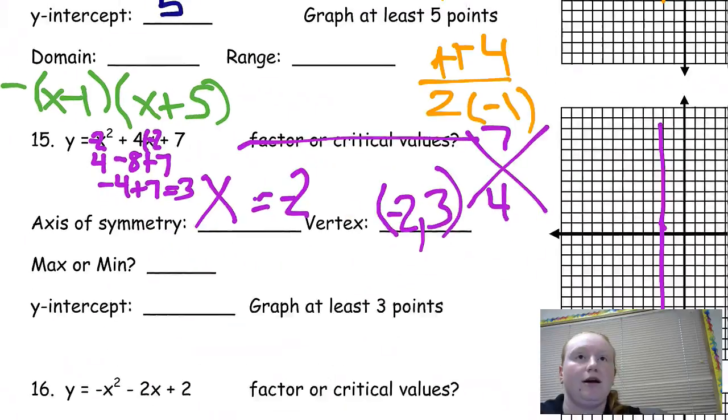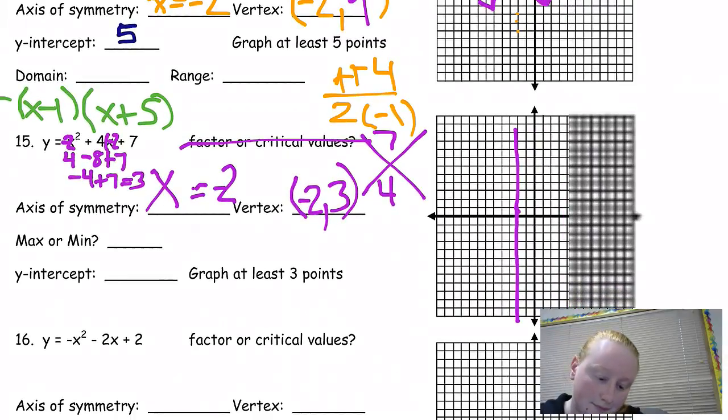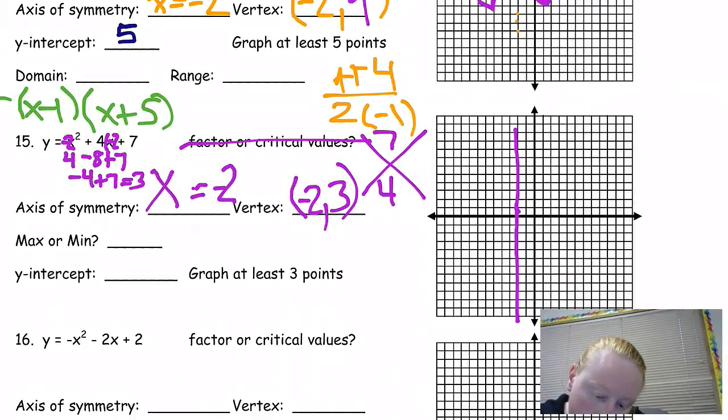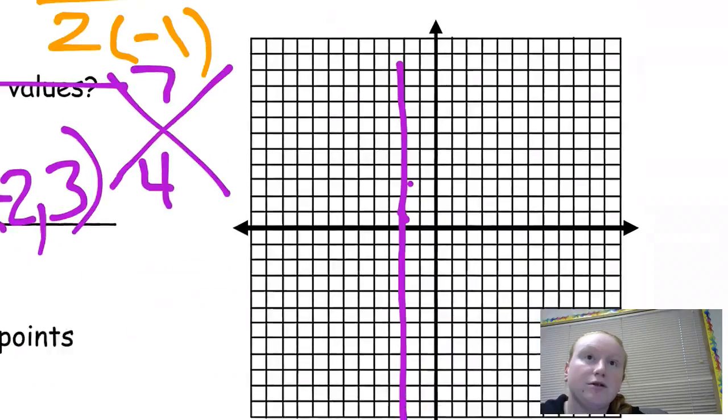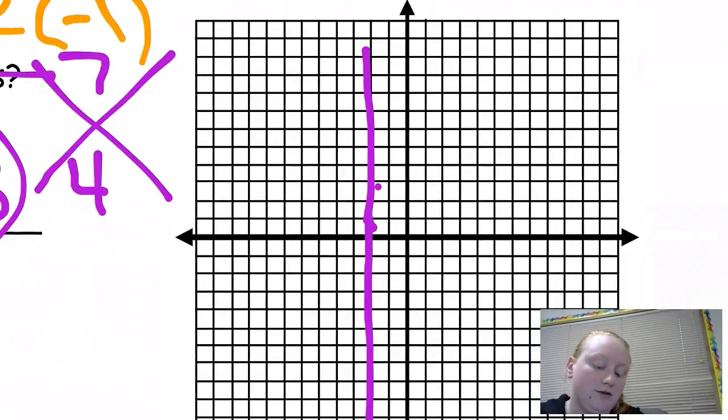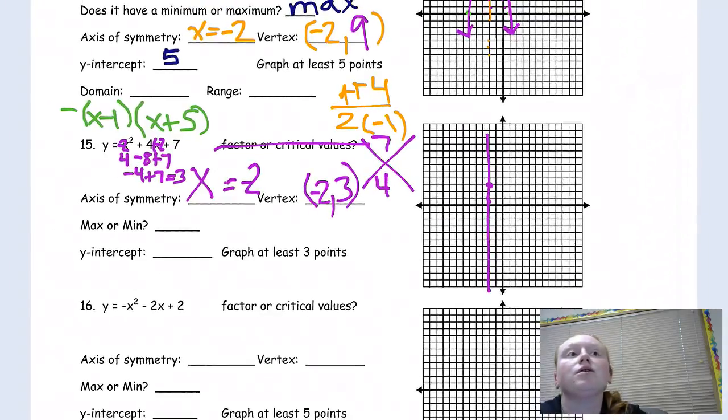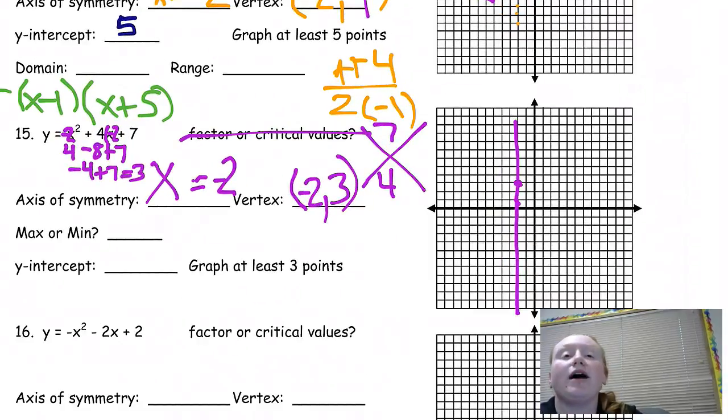I'm going to put that on my graph. 1, 2, 3. I'm going to zoom in. It's a little more difficult on an iPad. I'm going to put that point there. Okay. You should be getting a concave up graph since this was positive in the front when we originally look at it.